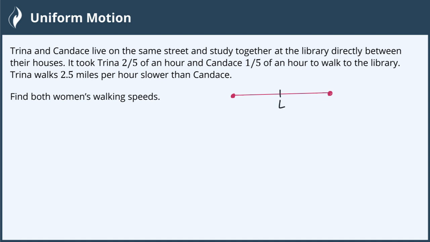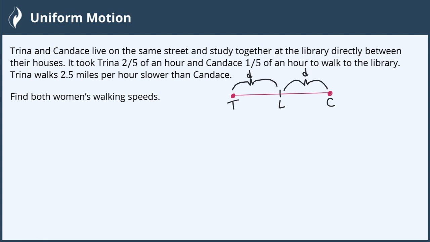I'm going to put L for library. That means they are actually the exact same distance from the library. Let's say the distance Trina is from the library is the distance D, and Candace is the same distance away.